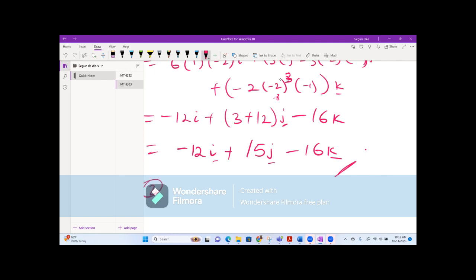Let's look at number 2. Find, if they are given direction, how do we do it?